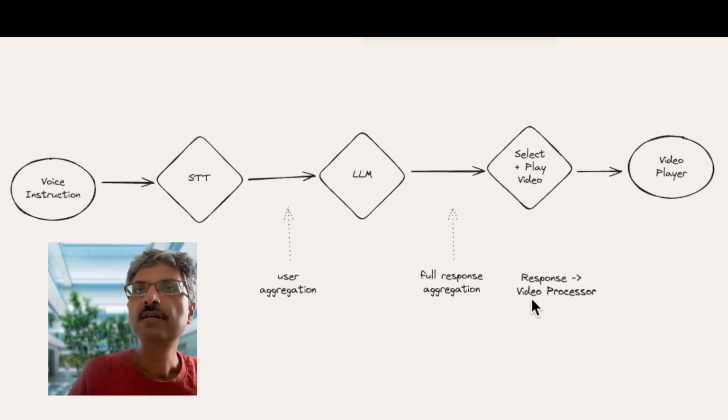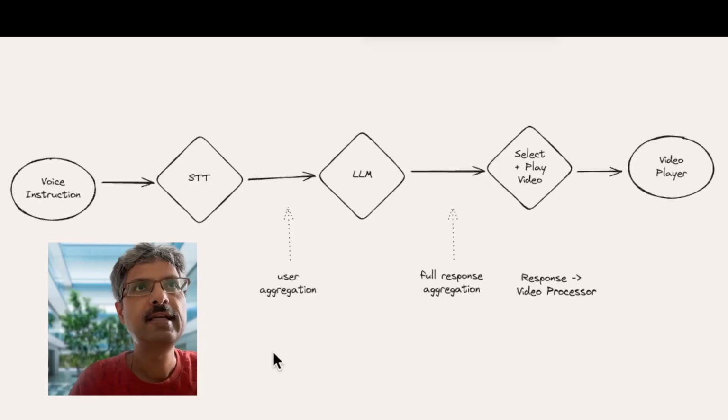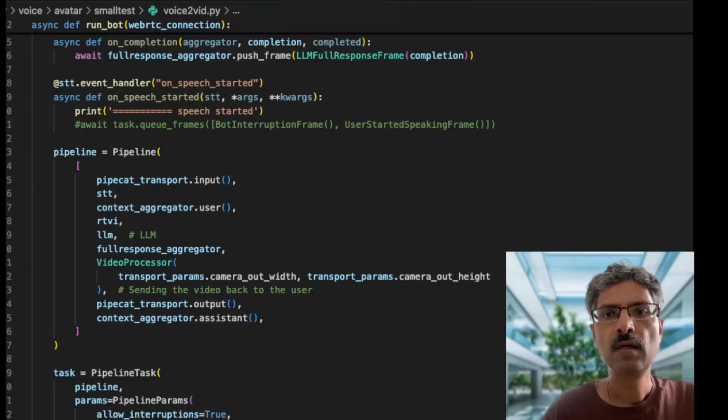That also reads the file and streams out the video frames one by one, which the video player is able to play. Cool. So this is the overall flow, and now we'll look at how exactly this is implemented in Pipecat. Great. So now let's look at how this pipeline is implemented in Pipecat.